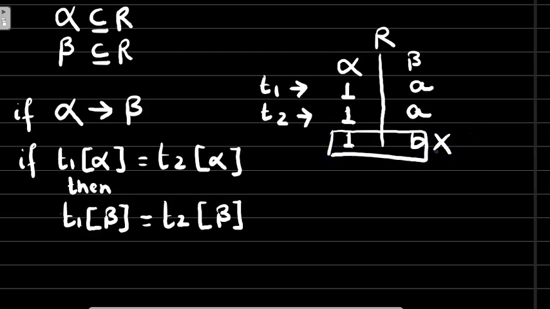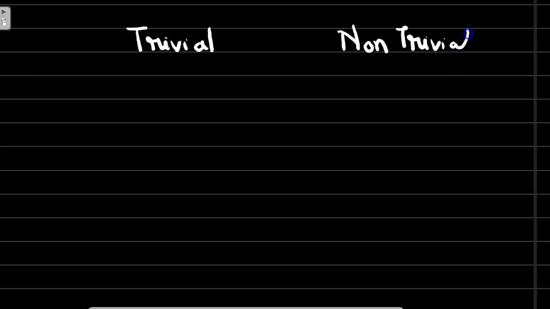Now, when we talk about functional dependency, it can be decomposed into two types, which are called trivial and non-trivial.